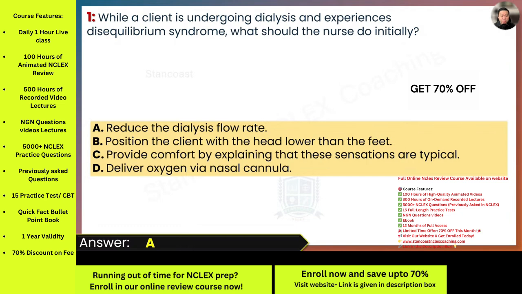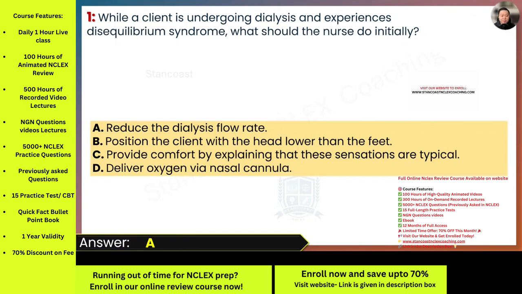This leads to cerebral edema, and this can result in headache, nausea, confusion, or even seizures in worst cases. And so by slowing the dialysis, the brain gets more time to adjust to the changing fluid balance. This will help prevent the symptoms from getting worse.